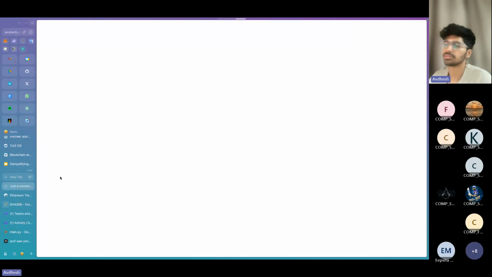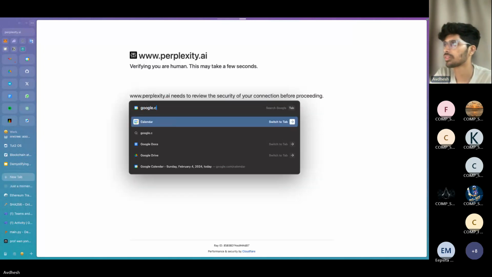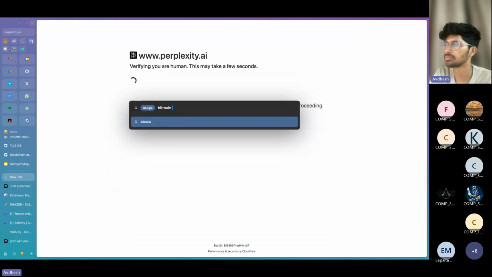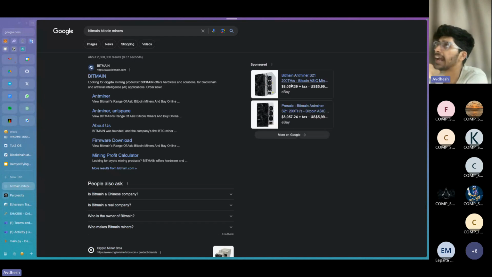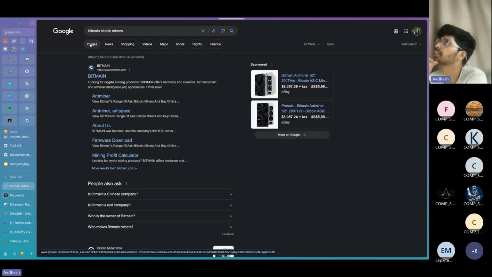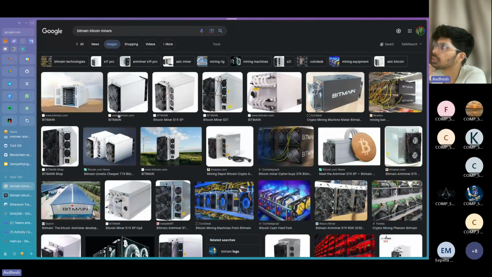Bitcoin miner. So these are the machines. Bitmain Antminer S21, I think S19 is more famous than S21. I'm not sure, but these are the machines that are actually used to mine Bitcoin.